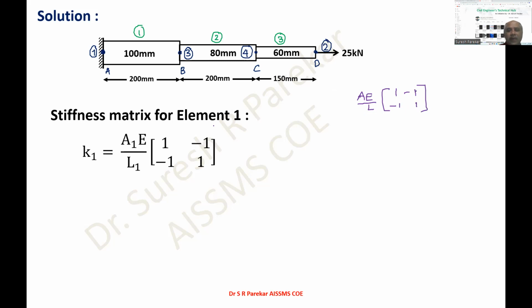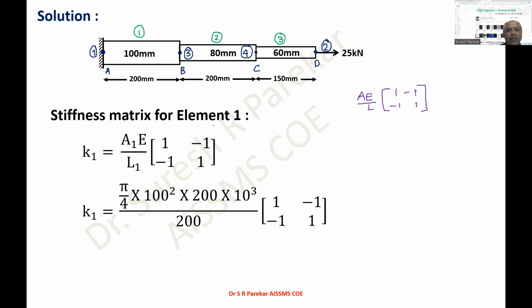We have A1E upon L1, and then we have diameter as 100, L as 200 and E is given 200 GPa, so 200 into 10 raised to 3. So we have pi by 4 into 100 square into 200 into 10 raised to 3 upon 200, [1 -1; -1 1]. If we solve this, we will get it as 7.85 into 10 raised to 6, [1 -1; -1 1]. So this is for element 1.